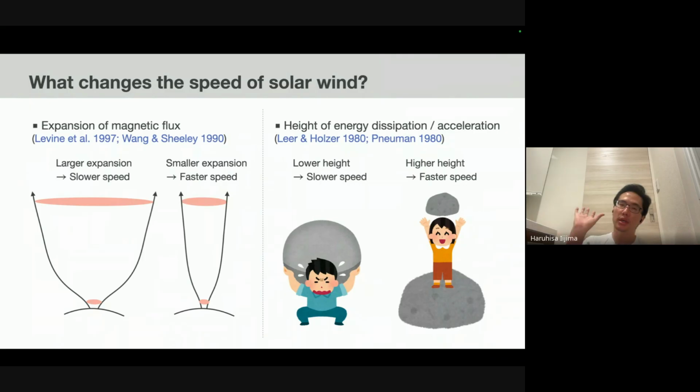But if we can inject mechanical energy into the higher atmosphere, the plasma material is very low mass, very light. So it is very easy to lift up, and a faster solar wind is expected in this case. So the expansion of the magnetic flux and the height of the energy injection are two very important factors for the speed of the solar wind.